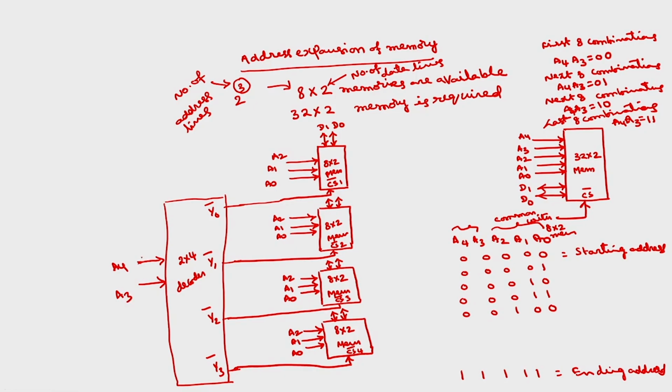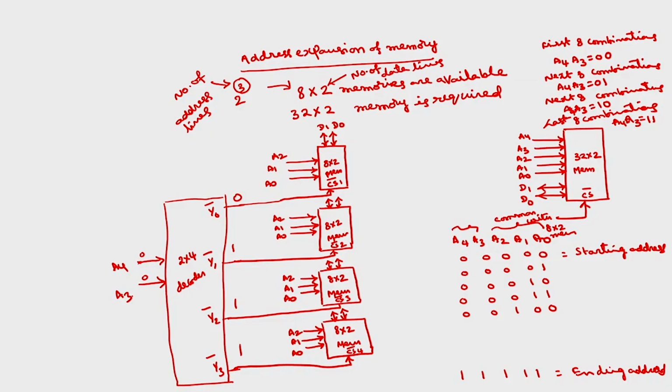If I use 00 here, Y0 will be selected, where selected means 0 and not selected means 1. This is negative logic. If you have bubbles at the outputs, as with a NAND structure, this logic is called negative logic. Selected means 0, not selected means 1. If I use an AND gate, then you have to use positive logic: selected means 1, not selected means 0.